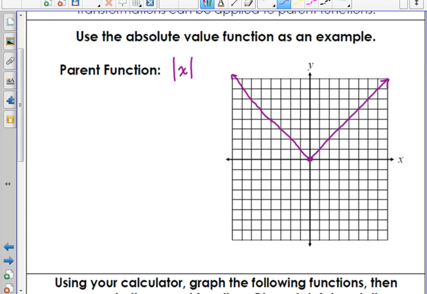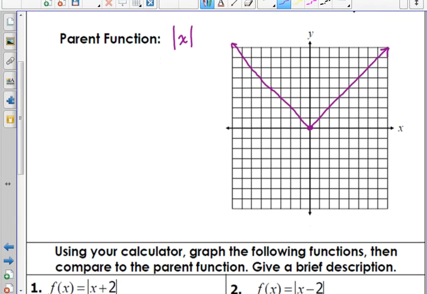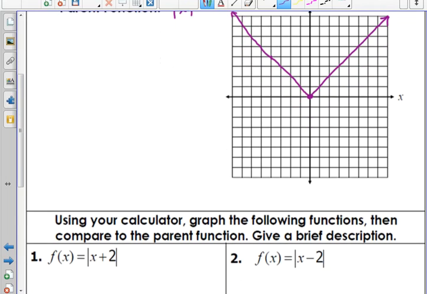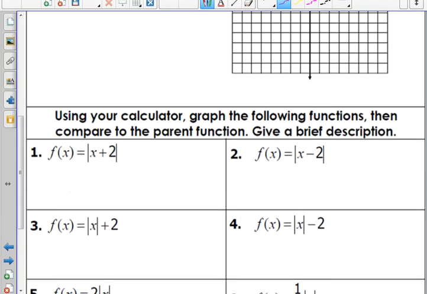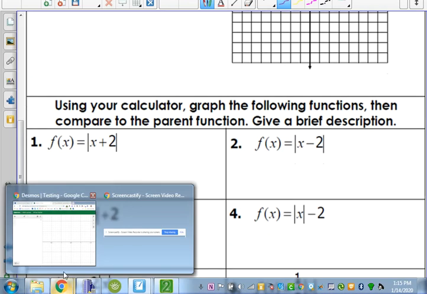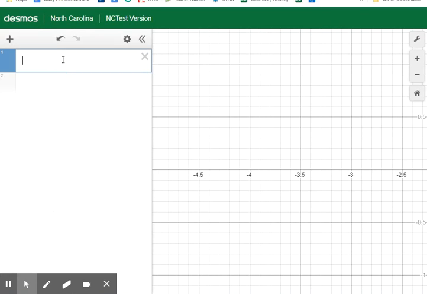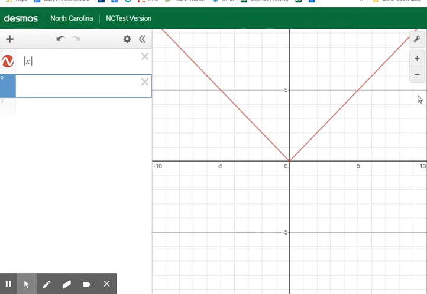So we are going to look at what happens when we put some different things in this function. It's not just the plain old absolute value of x. We've got other things involved. I'm going to use Desmos, or you can graph it on your graphing calculator. Let's graph the original absolute value of x, with a standard zoom.